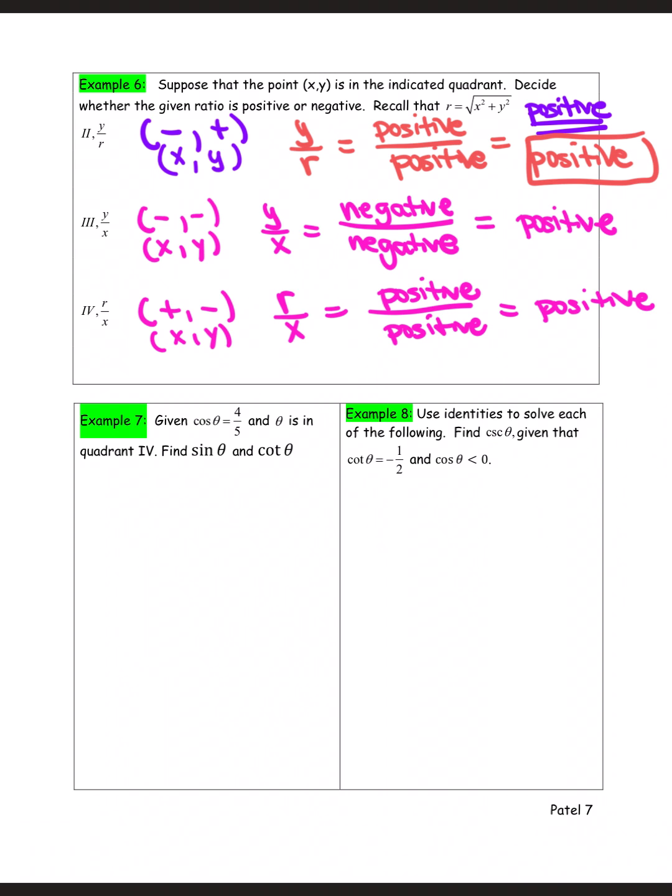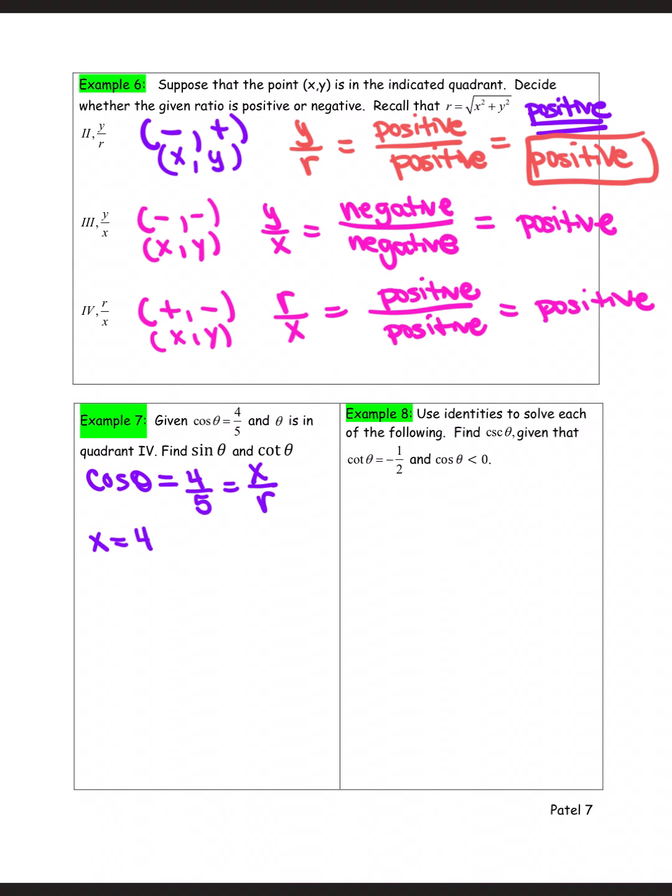So in example 7, we're given that cosine of theta is 4/5. So what that tells me is that x is 4 and r is 5. So we know that x is 4.